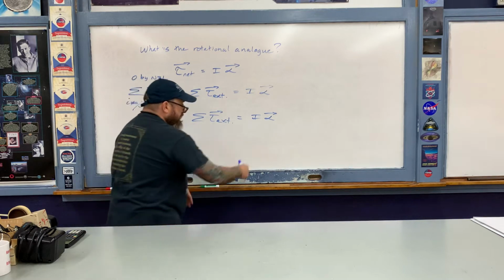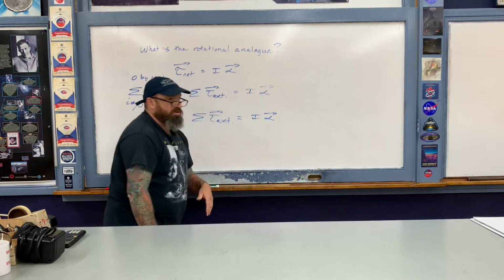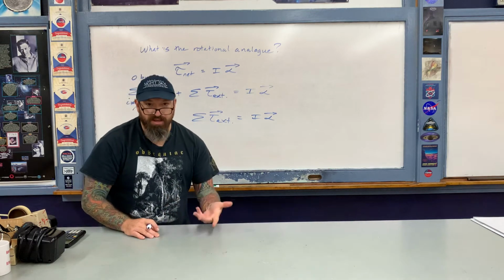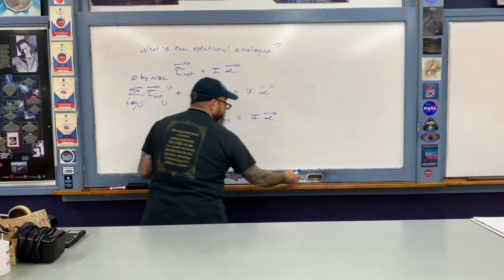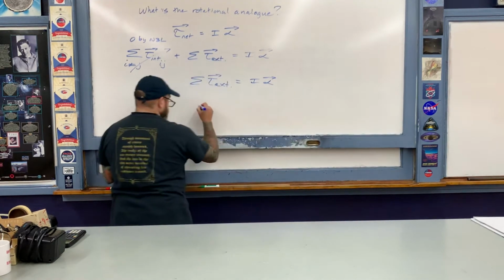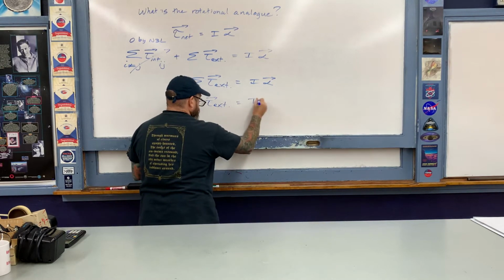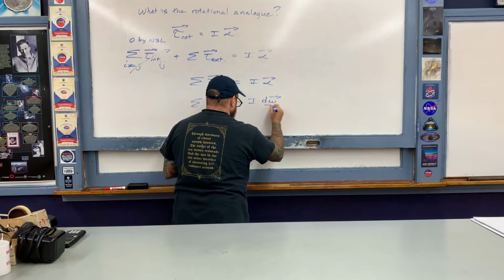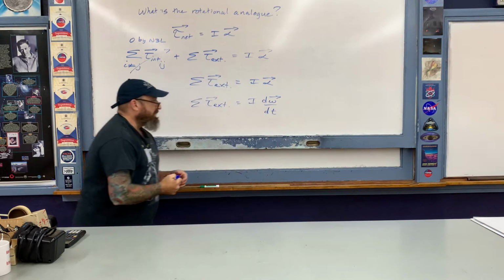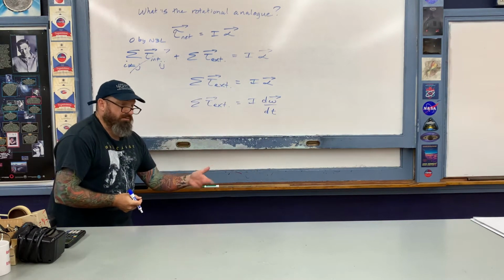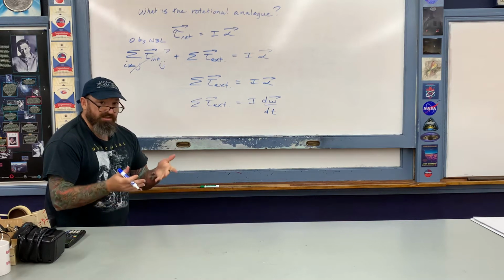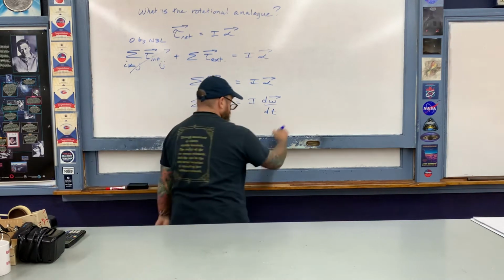What I'm going to do is I'm going to replace the angular acceleration alpha with the derivative of angular velocity with respect to time, like so. Now the quantity on the right-hand side of the expression is actually the same thing as this.